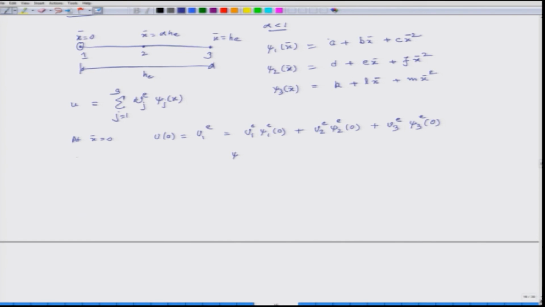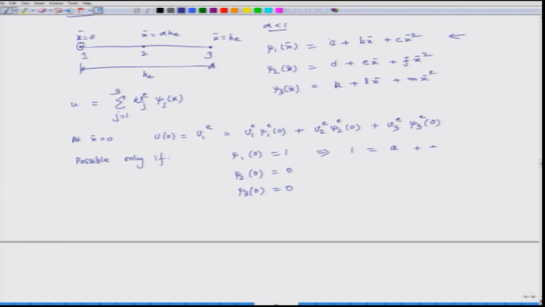This is possible only if psi 1 at 0 equals 1, psi 2 at 0 equals 0, psi 3 at 0 equals 0, which means 1 equals a, using the relation for psi 1, which is a plus b x bar, where x bar is local and its value is 0.